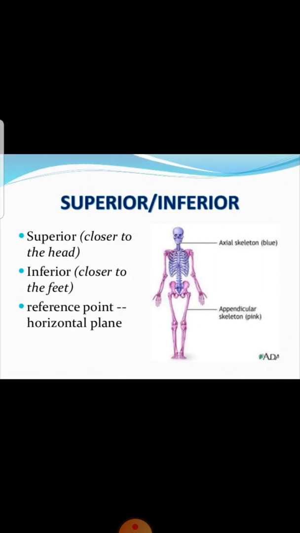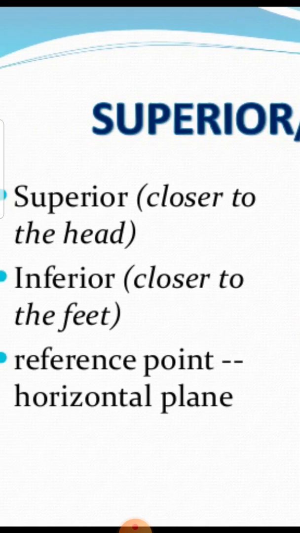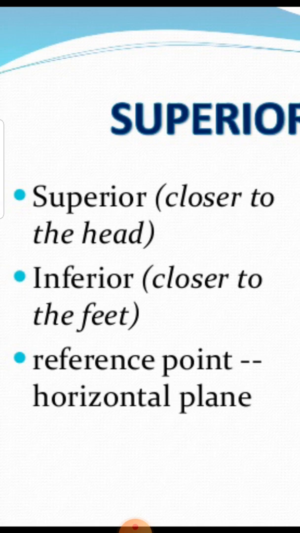Okay, so superior, as we have already discussed, will be a structure that is closer to the head, and inferior will be a structure that is closer to the feet. And the reference point is the horizontal plane or the transverse plane that we have already studied, and we know that a horizontal plane will divide your body into superior and inferior halves.